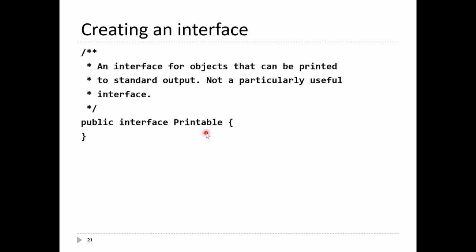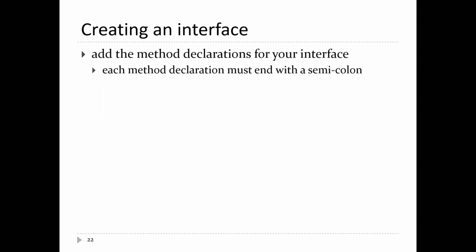so here's an example of an interface called printable. The printable interface is the interface that objects can use if you want to print them to standard output. Notice that this says it's not a particularly useful interface. All right, so once you've made your interface, you just put in the methods that you decide should be in your interface.